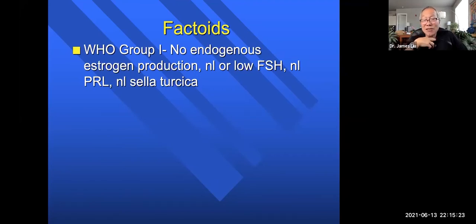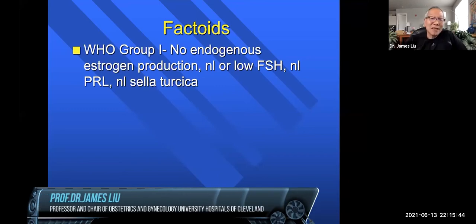So the FSH is usually below 15 IUs per ml. The prolactin levels are in the normal range or low. That is under 20 nanograms per dL in the US. I don't recall the units in the international units. And if there's any imaging done, normal sella turcica on imaging, either with CT or MRI with contrast.